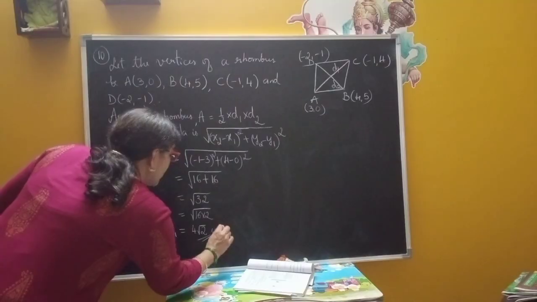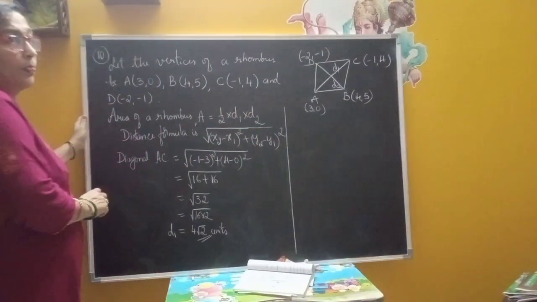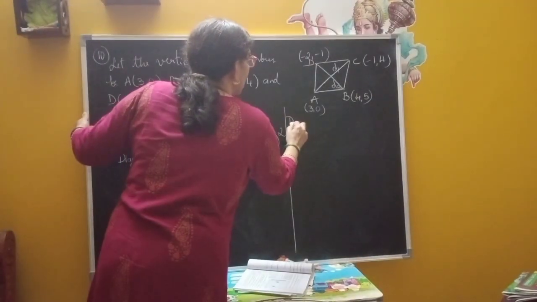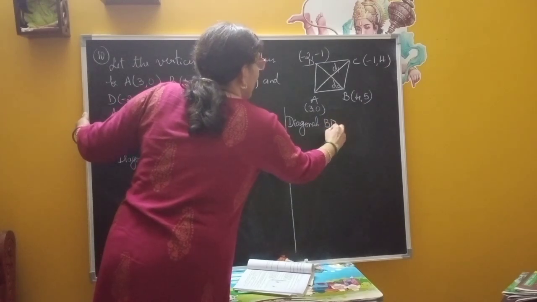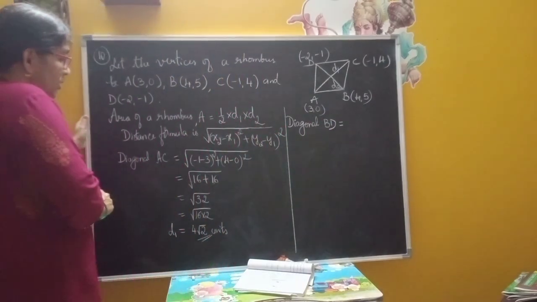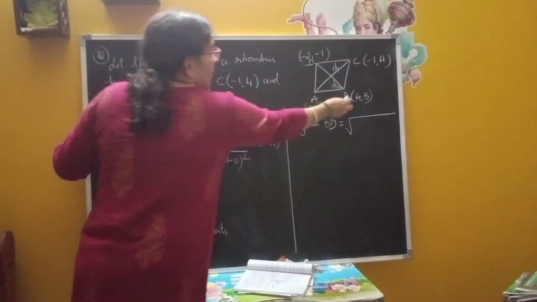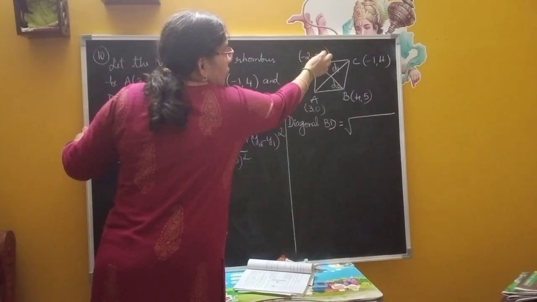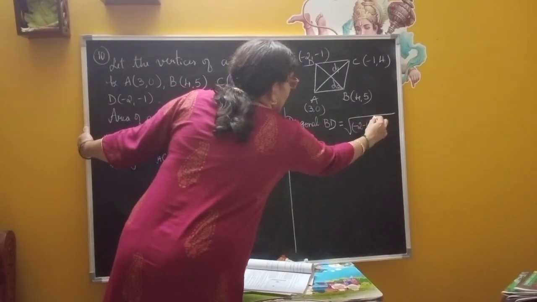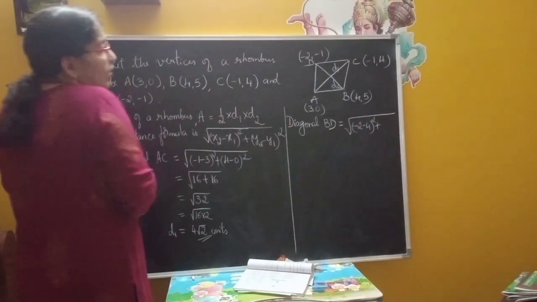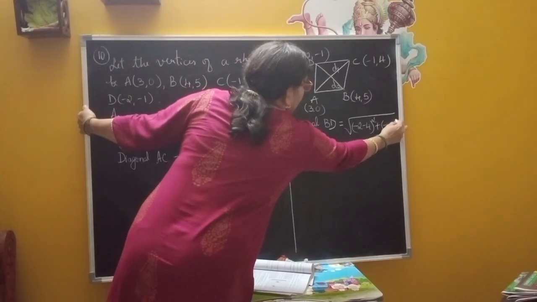Now let us find the length of the diagonal BD. Using the distance formula, here B is x1, y1 and D is x2, y2. So (-2 - 4) whole square plus (y2 minus y1), (-1 - 5) whole square.